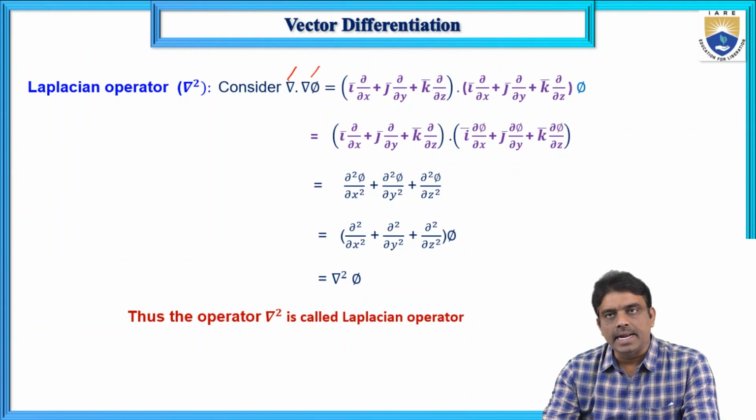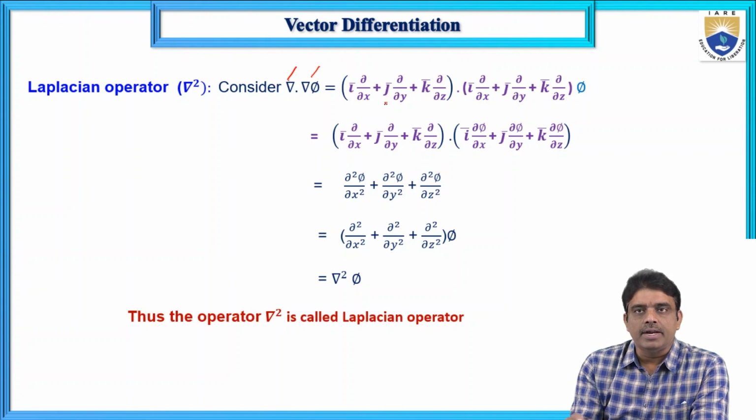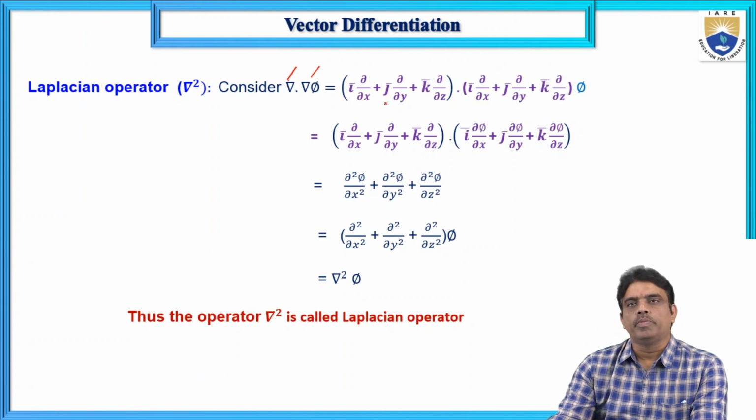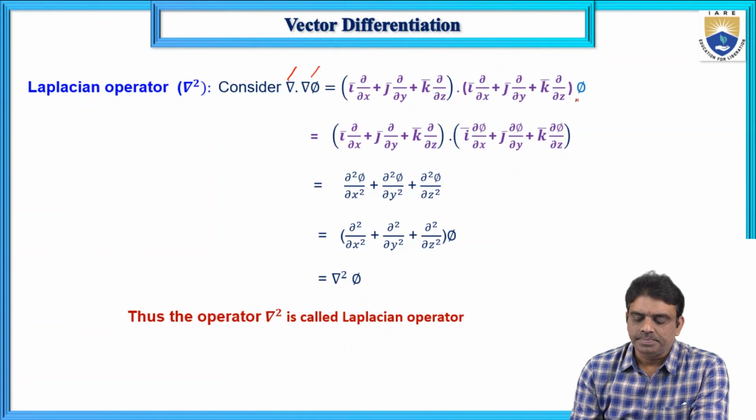On considering del dot grad phi, we will get i bar dou by dou x plus j bar dou by dou y plus k bar dou by dou z, dot product with i bar dou by dou x plus j bar dou by dou y plus k bar dou by dou z of phi.